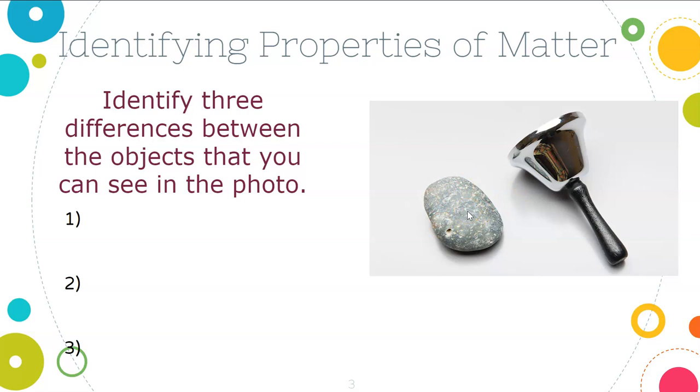And the third thing that you probably have noticed is that the bell is hollow on the inside and the rock is not. And these are things that you could observe just by looking at them. So now let's go ahead and continue on with our notes.